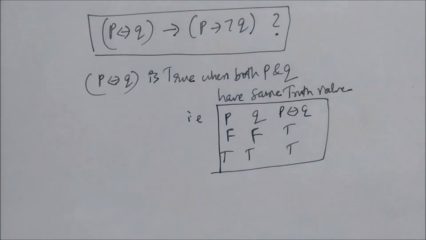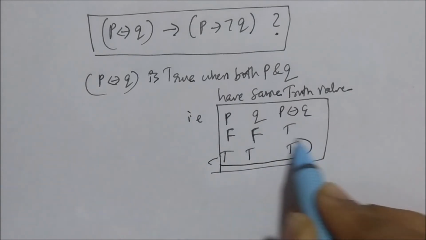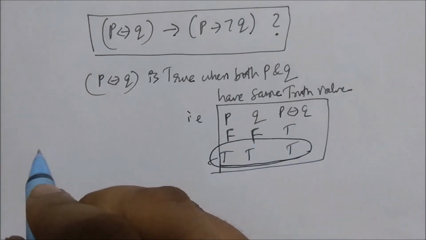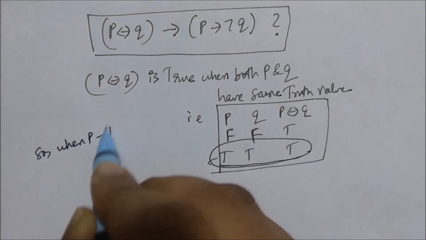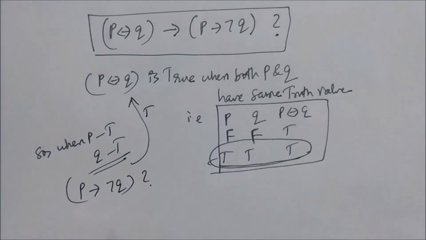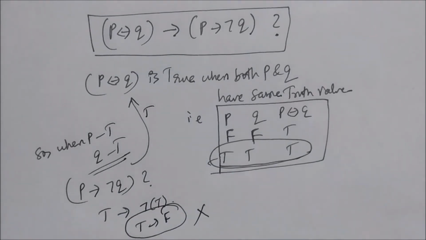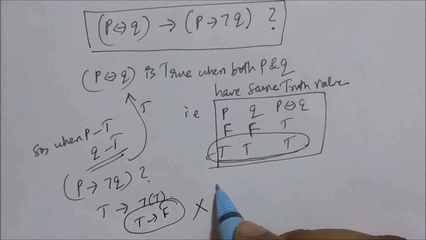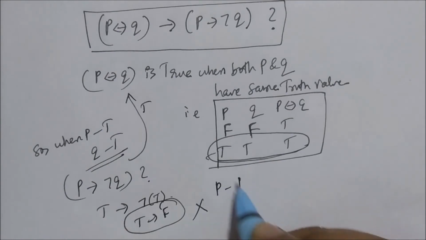Now, let's see when P is true and Q is true. Then P if and only if Q is true. Alright. Now, when P is true and Q is true, what about P implies not Q? P is true here and not Q is false here, which means that conditional statement is false. Right? P implies not Q is false when P is true and Q is true.